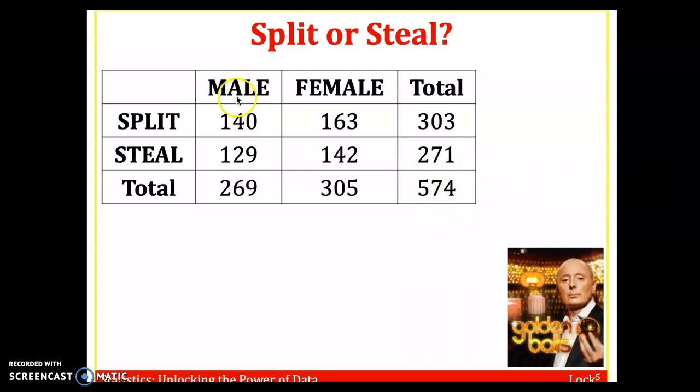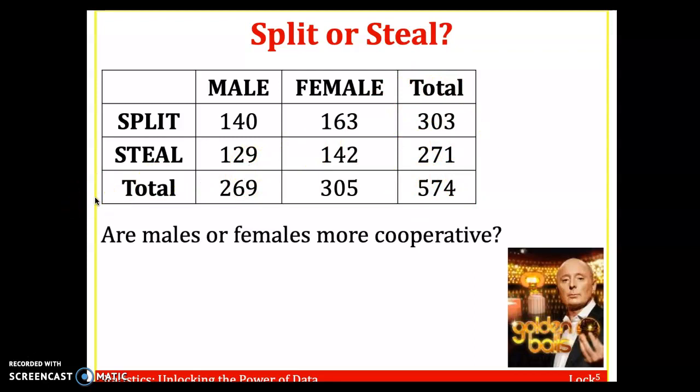And they looked only at male and female, when a male was opposed to a female. And here we have our split setup. 140 males selected split as opposed to 163. And then 129 males said split out of 269. And then here we have our total columns. So the question posed is, are males or females more cooperative?